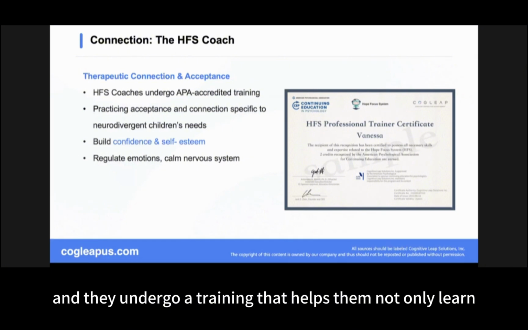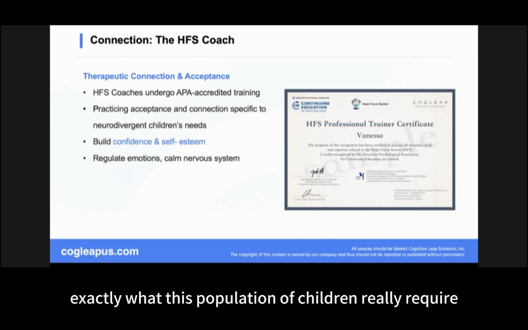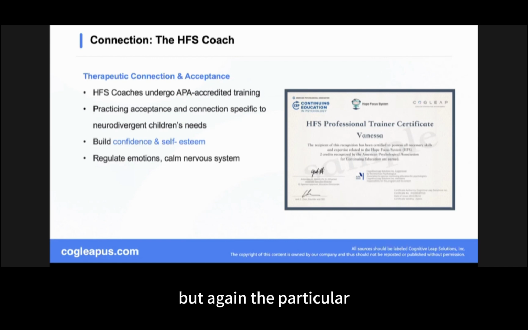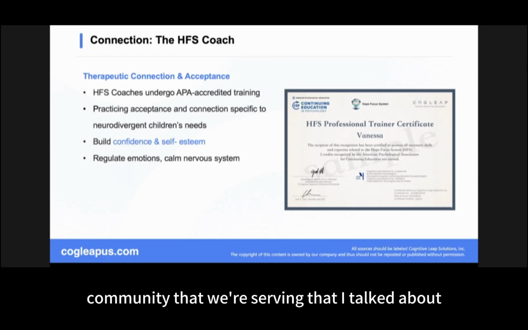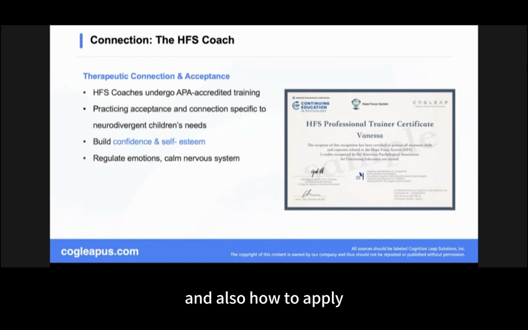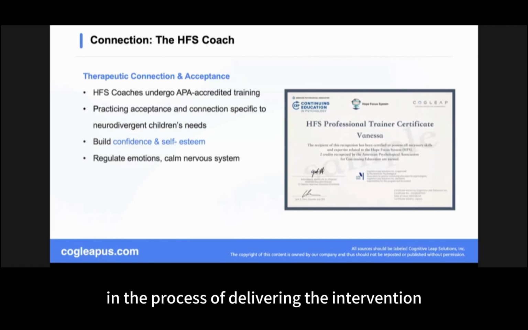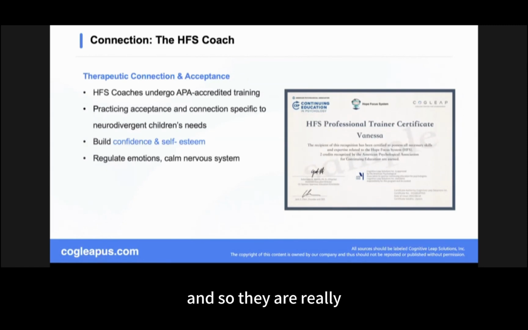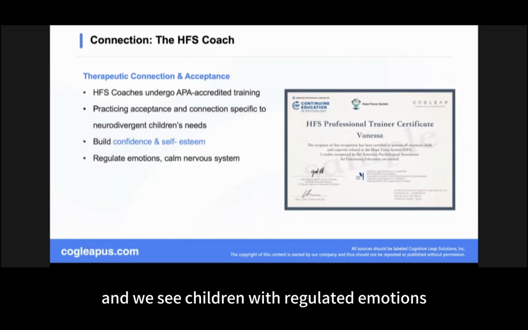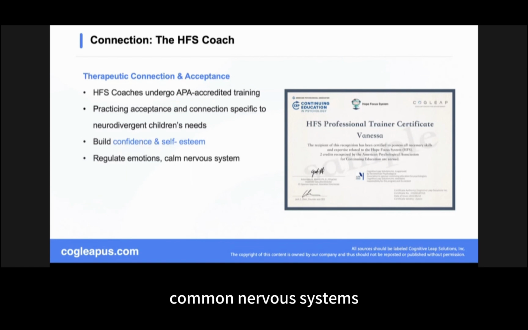They undergo training that helps them learn exactly what this population of children really requires, the particular community that we're serving that I talked about, and also how to apply and practice acceptance and connection in the process of delivering the intervention. They are really key to helping children build confidence and self-esteem. And we see children with regulated emotions and calmer nervous systems.